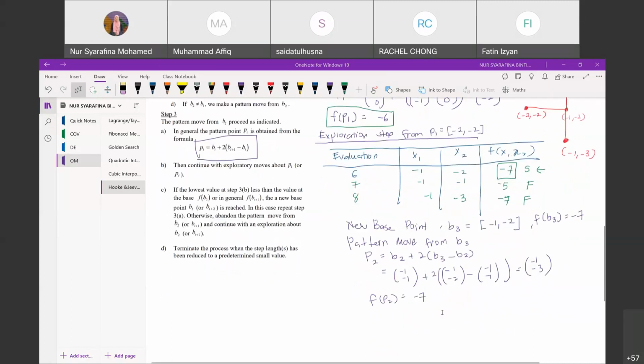So what is our next exploration step? The next exploration step starts from P2 now, which is -1, -3. So our new evaluation starts where?